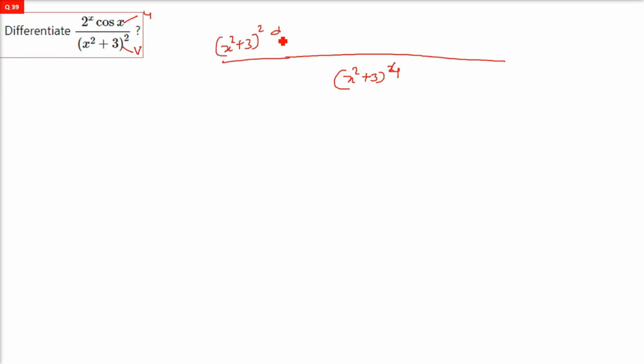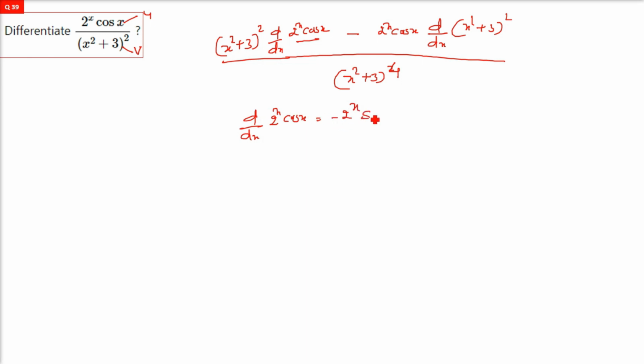Now x square plus 3 whole square times d by dx of 2 to the power x cos x, minus 2 to the power x cos x times d by dx of x square plus 3 whole square. Now let us take this 2 to the power x cos x, because d by dx of 2 to the power x cos x has two terms, and this will be by the product rule.